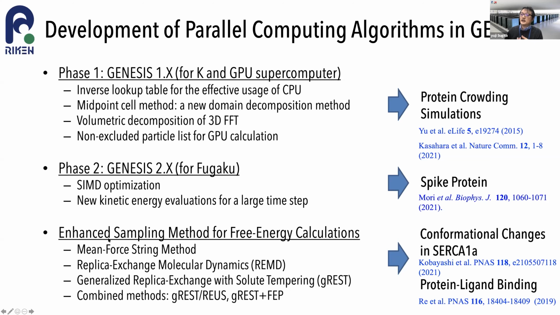And the last one is replica exchange. We are developing and introducing many enhanced sampling methods for free energy calculations in GENESIS. Because of these efforts, we could achieve several application studies like protein crowding simulations, spike proteins, the sucker pump I explained, and also protein-drug binding studies.